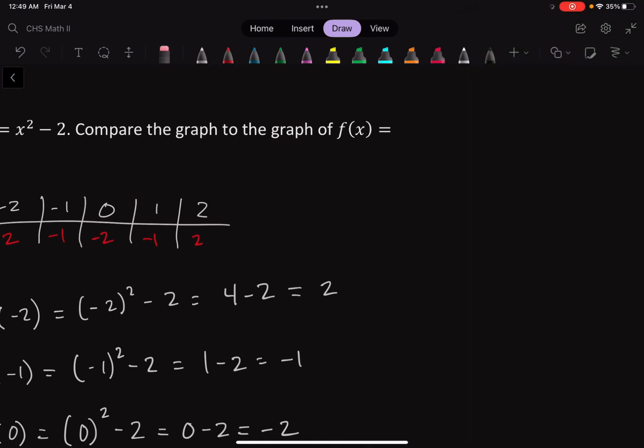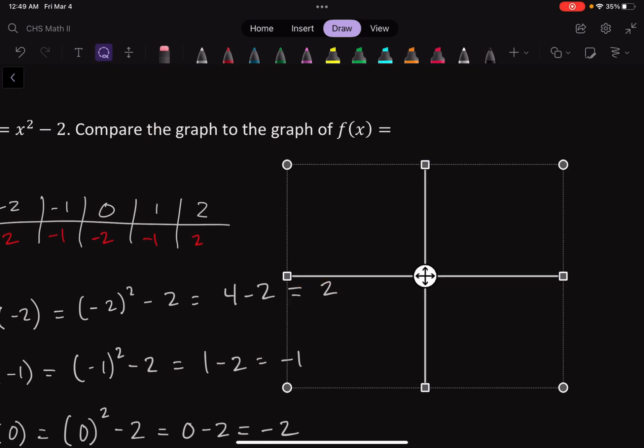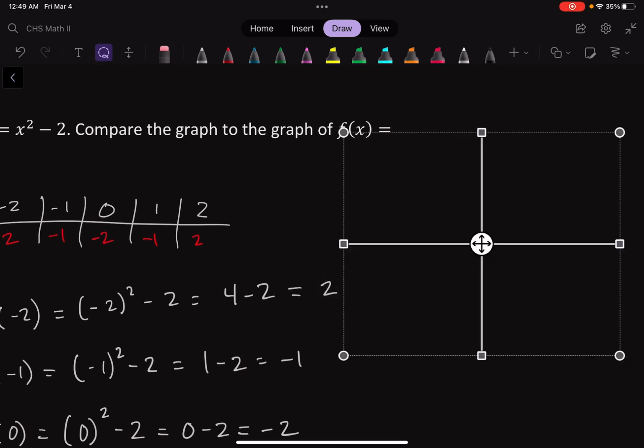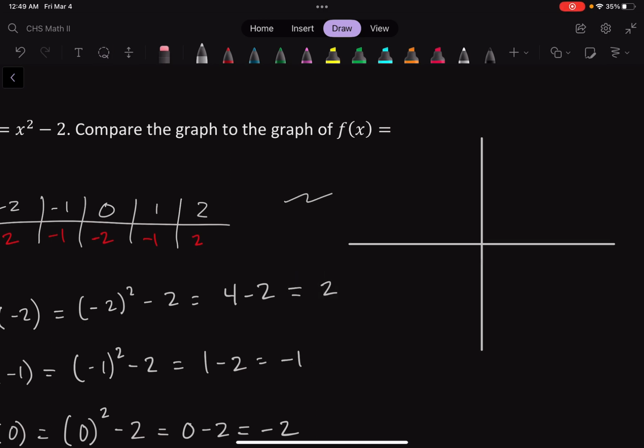I'm just going to create an XY plane over here. Slide that over just a little bit. Okay, so at 0, I'm going to go down 2, 1, 2. I'm going to graph that point at -2.